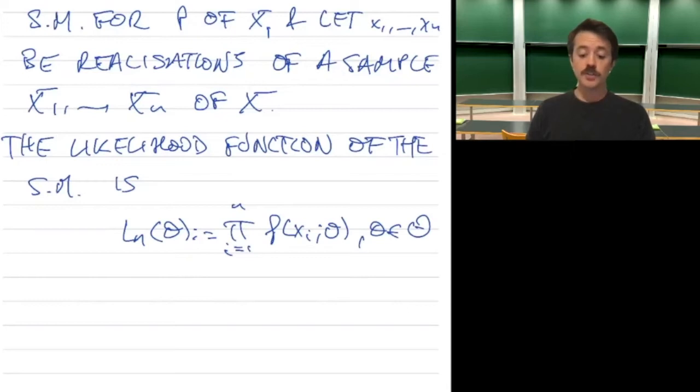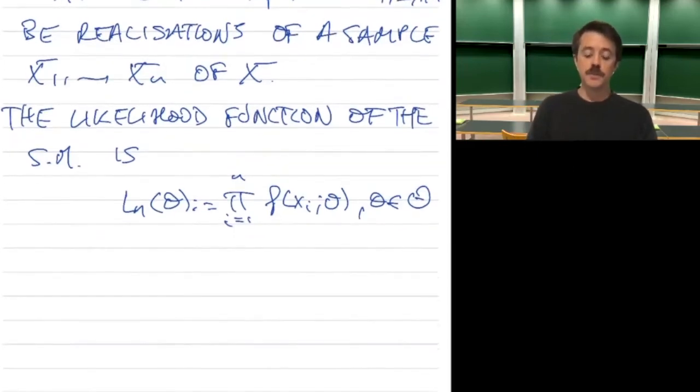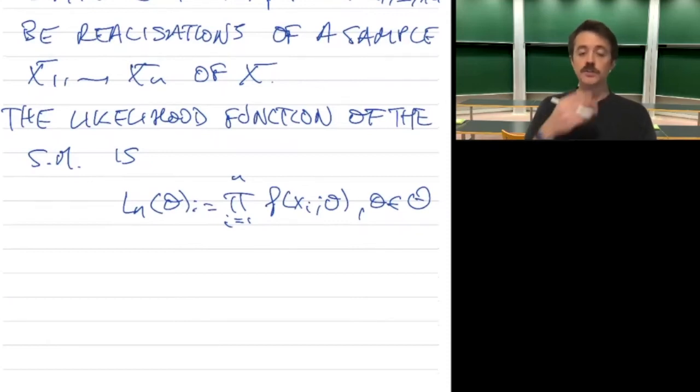The only difference with the joint distribution is that the joint distribution, generally speaking, fixes the parameter, and the arguments are the values of the realizations. What we're going to do now is fix the value of the realizations, or at least have the random variables there but ignore that bit, and view this as a function of the parameter. Under such an interpretation, this is what is called the likelihood function. And this of course is defined on the parameter space, so it's a function on that space.